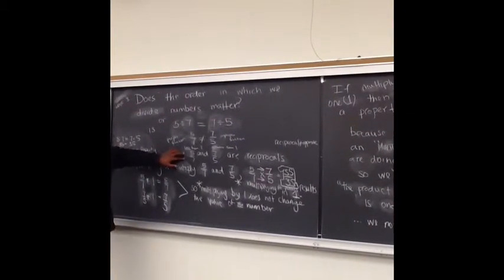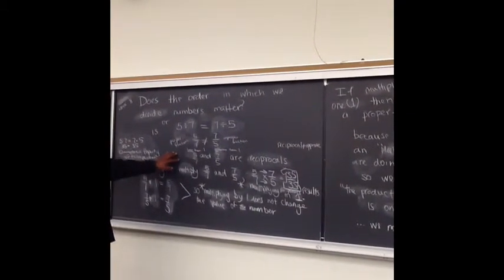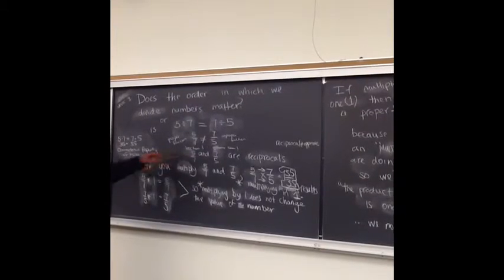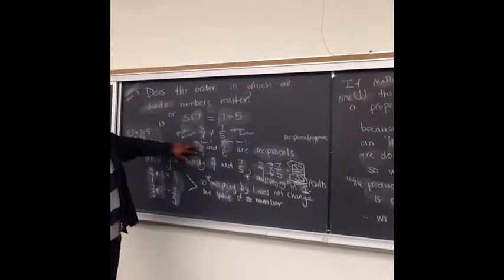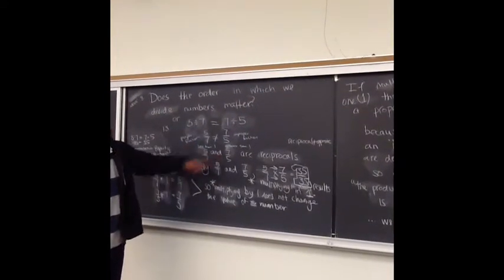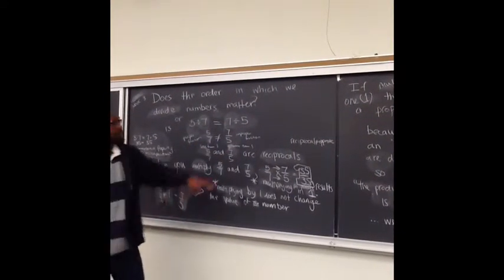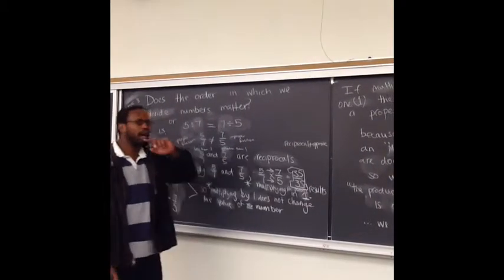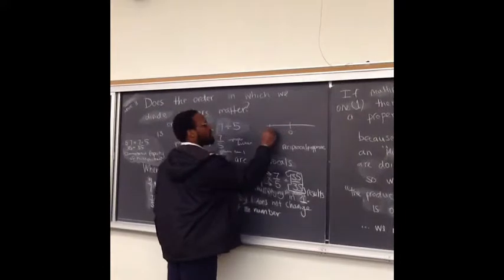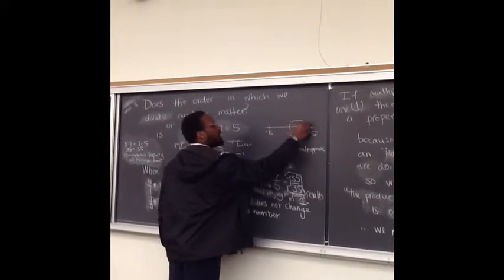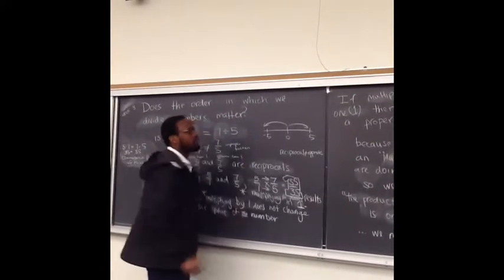Now, 5 over 7 and 7 over 5 are reciprocals of each other. That's the word we use to describe when you flip a fraction. So here, 5 over 7, if we flip it over, we get 7 over 5. Now, reciprocals should not be confused with opposites. So here we have opposites on opposite ends of 0.